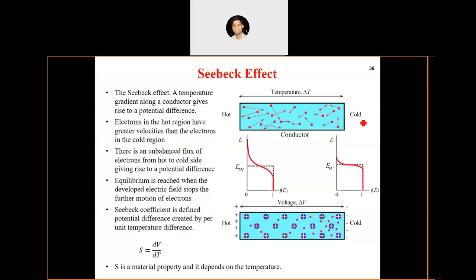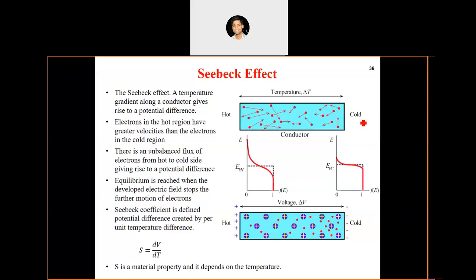This effect is also known as the thermoelectric effect, and there is a lot of research going on in the field of thermoelectric materials so that we can utilize the waste heat. If you don't know, actually 50% of the energy which is used globally is wasted in the form of heat energy.